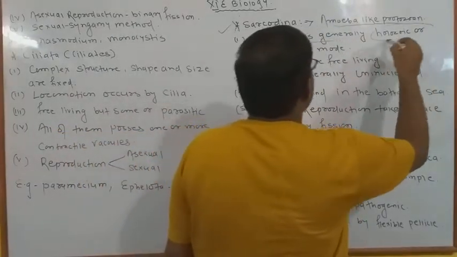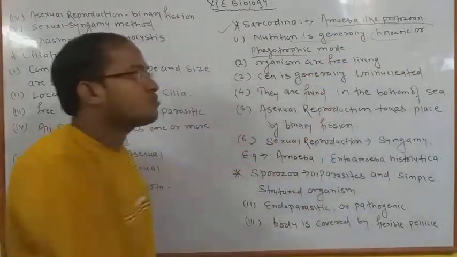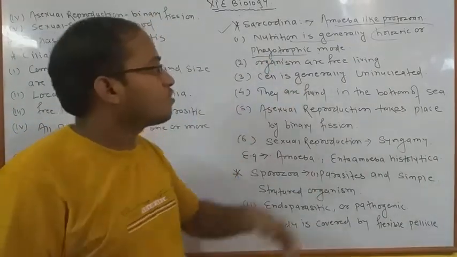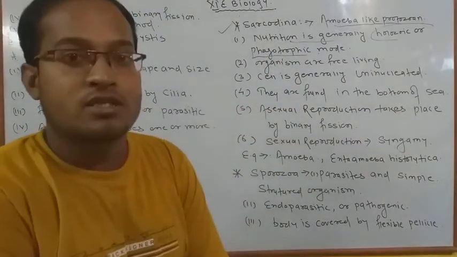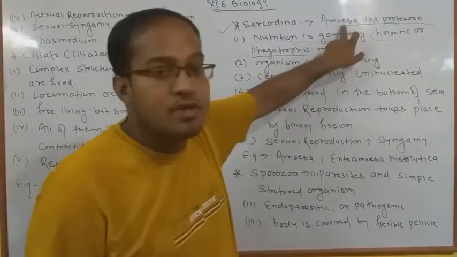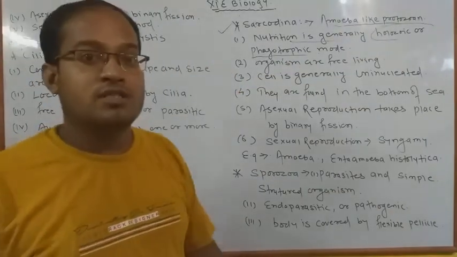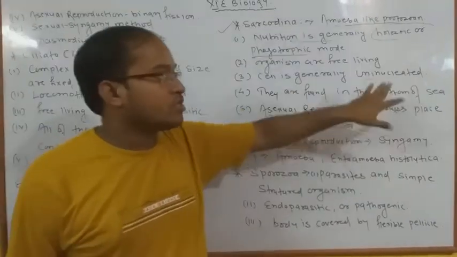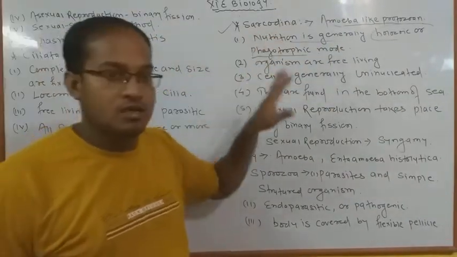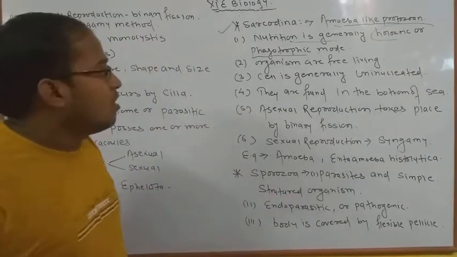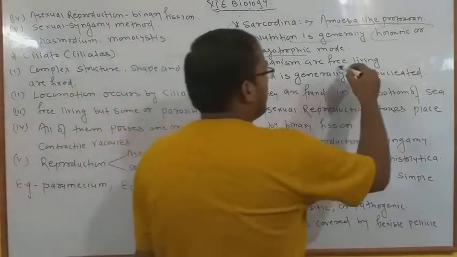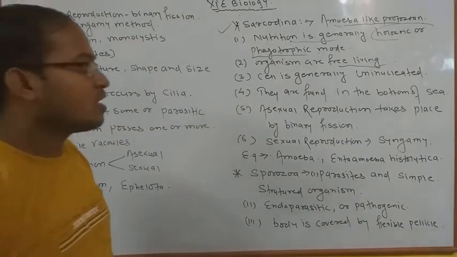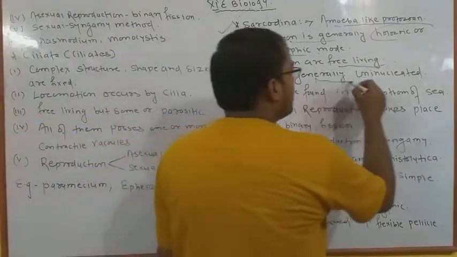The most important feature is that nutrition is generally holozoic or phagotrophic. Holozoic and phagotrophic I have already told you, but again, phagotrophic means certain types of organisms which are capable of engulfing food inside their body. They are called the phagotrophic mode of nutrition, which amoeba do. Now the organisms are free living, generally found in a free living state, anywhere. And the cell is generally uninucleated.